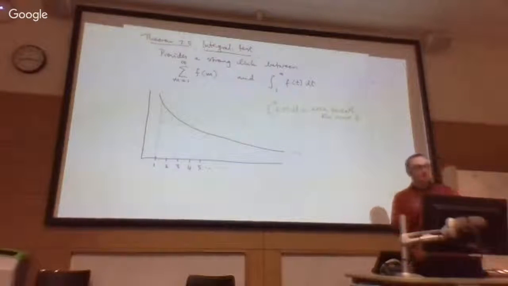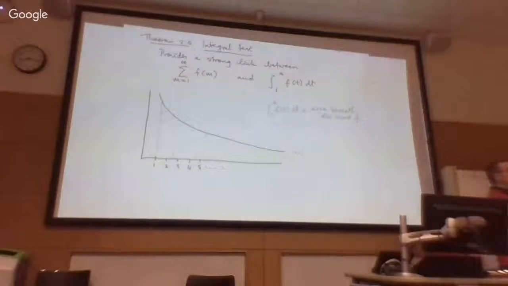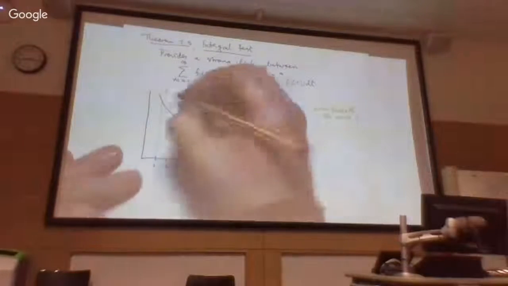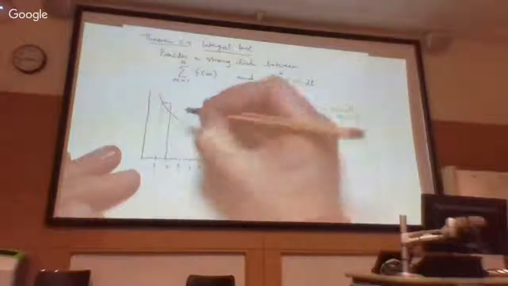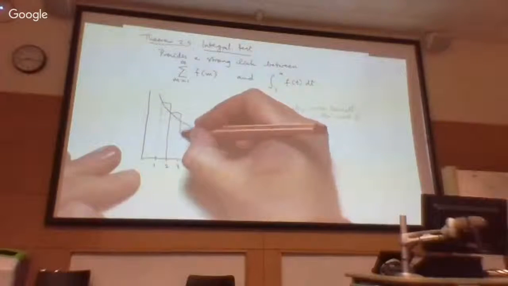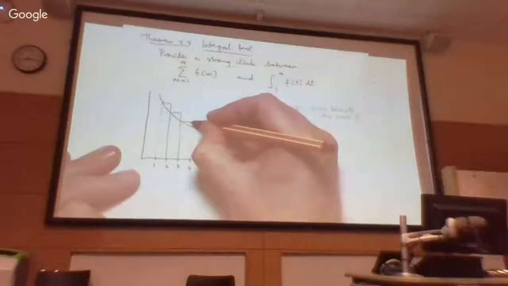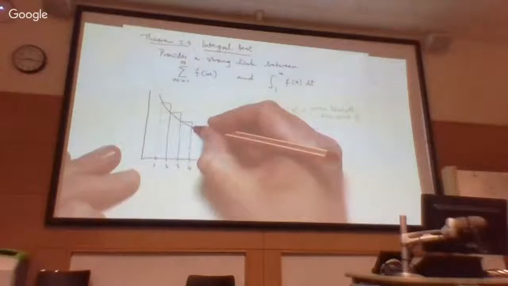But you can also draw or superimpose on that picture a similar geometric object which is showing you the sum of the series. And that corresponds to not looking at the area beneath the curve, but looking at the total area contained in all of these rectangles.